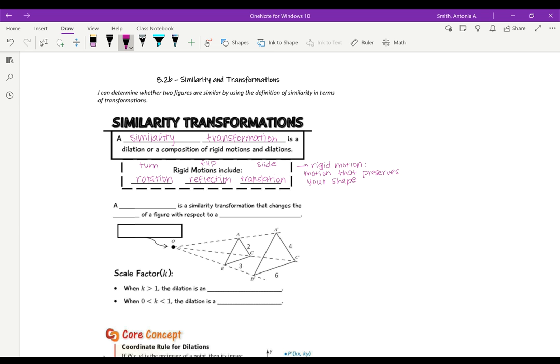So a dilation is not a rigid motion. A dilation is a similarity transformation that changes the size of a figure with respect to a fixed point.